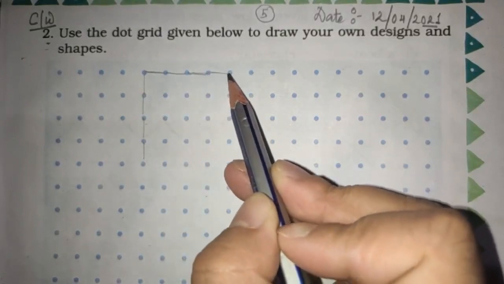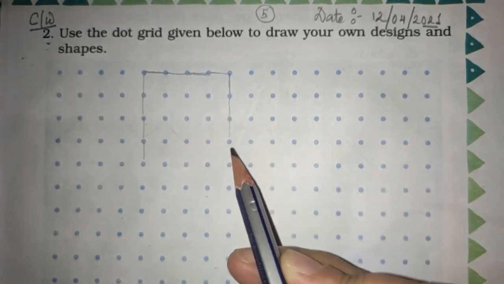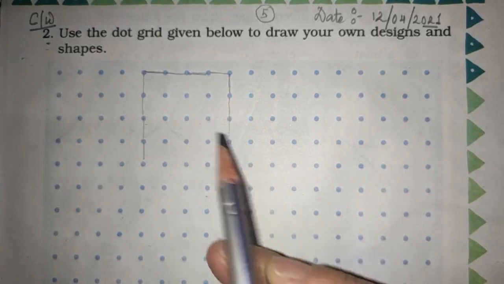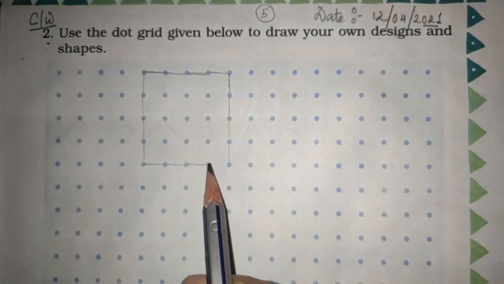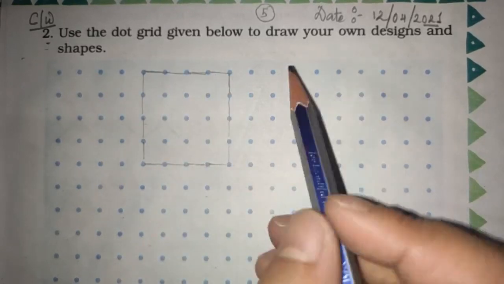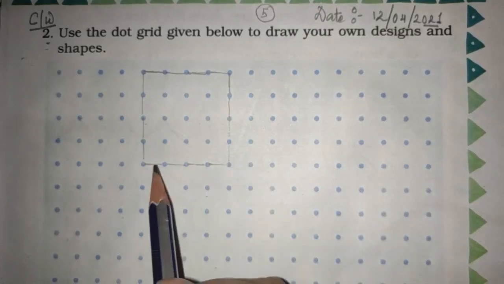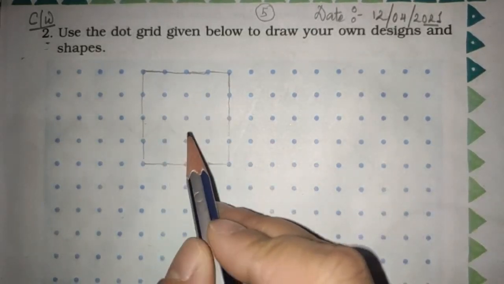So below 1, 2, 3, 4. Yes, so 1, 2, 3. So I have used 5 dots here, 5 dots here, 5 towards down and 5 towards this side. So I've made a square shape.